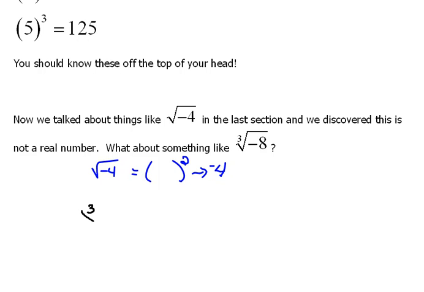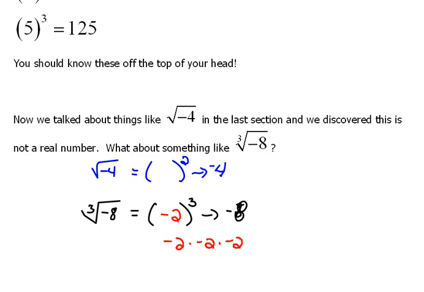Remember that the cube root of -8 literally means what do I have to cube in order to get -8? And when we talk about raising things to odd powers, we can get negative numbers. In fact, this would be a -2, because -2 times -2 times -2, which is -2 cubed, is -8.